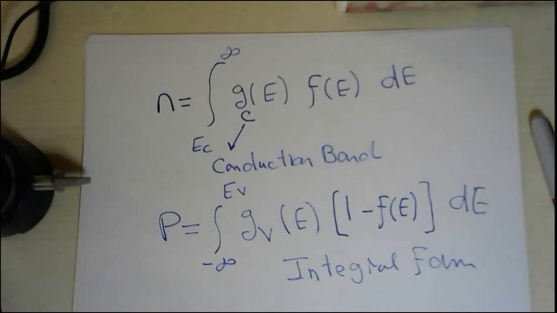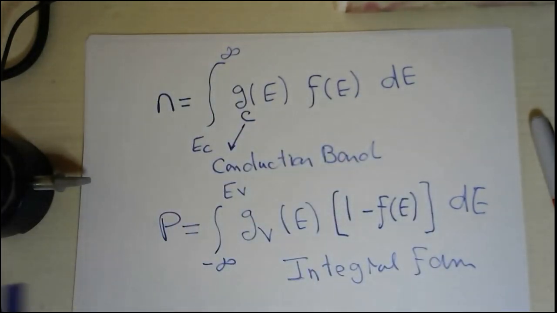1 or 2 years ago, I think, in one of my unseen final exam questions, I told my students, please write the integral form to calculate the N and P. Some students raised their hands, saying there is something wrong, we don't memorize G of E or F of E, we don't memorize these formulas. I don't need you to memorize the formulas. You can just make it in this very symbolic way.